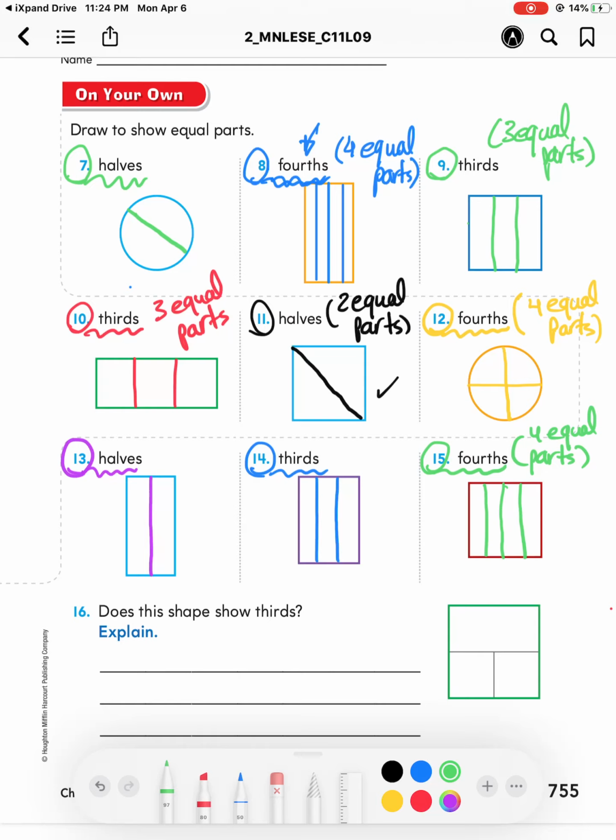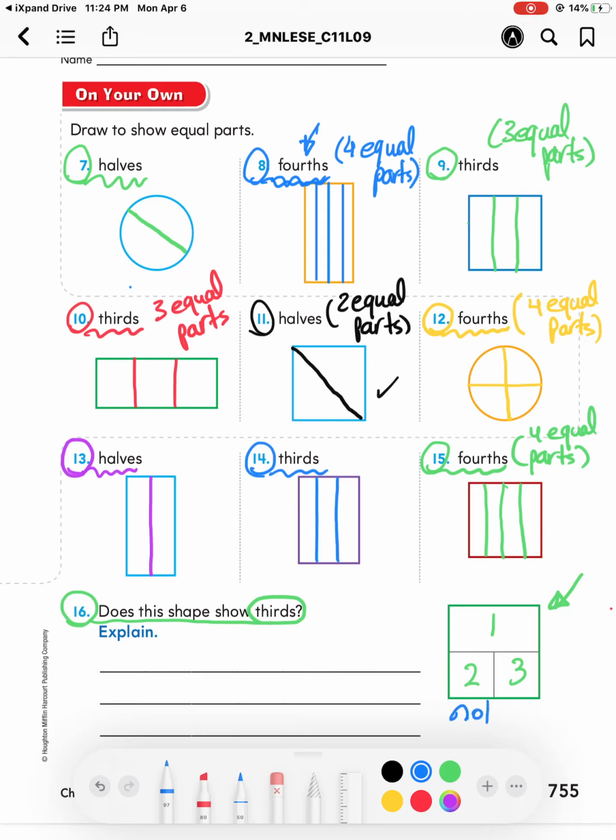So now let's move to question number 16, the last question for our lesson. It says, does this shape show thirds? Explain. Now, as you see here, this square is divided into how many parts? 1, 2, 3. But the question here, are those 3 parts equal or not equal?